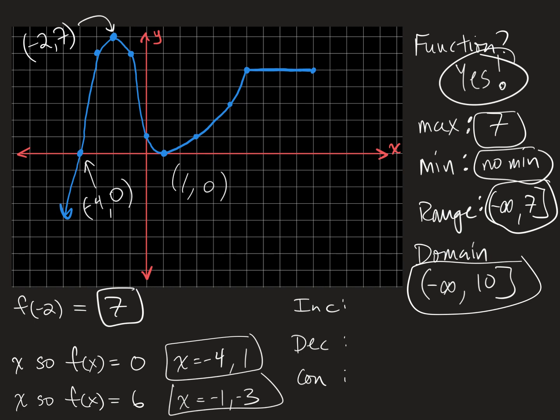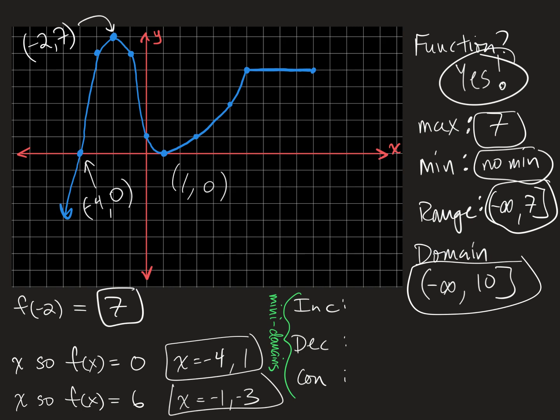And since this is a function, you can now introduce increasing, decreasing, and constant. And the easiest way to think about where a function is increasing, decreasing, or constant is to think of them as mini domains.